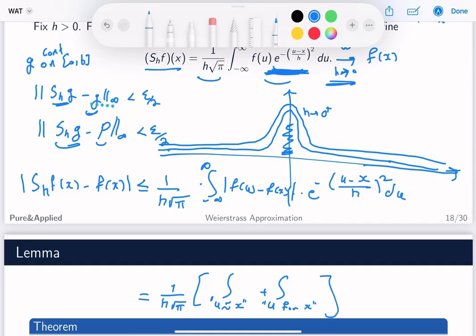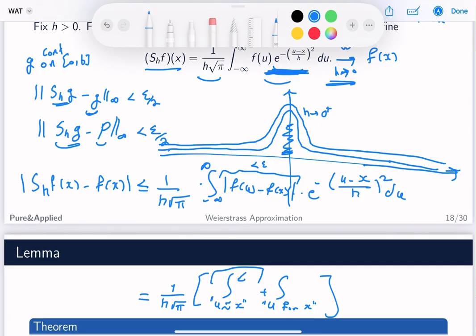After you do that, you observe that when u is close to x, this thing can be bounded by epsilon by continuity, and hence you control the first piece. The second piece can be bounded because f is bounded and because of the exponential smoothing.